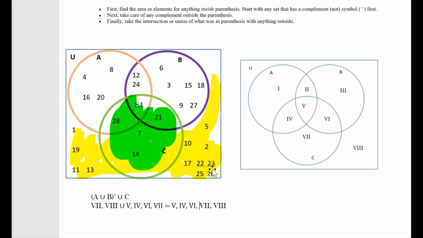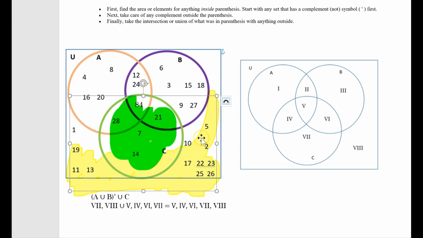Now, if you're coloring, I think it's easier, because you can go, oh, it's all of this stuff and all of this stuff out here that I just colored. In terms of numerical answer, that means you're going to list 1, 19, 11, 13, 28, 84, 21, 7, 14, 10, 2, 5, 7, 22, 23, 25, and 26. You're going to list all of those numbers, and that's your answer.